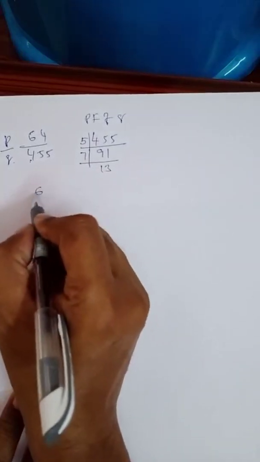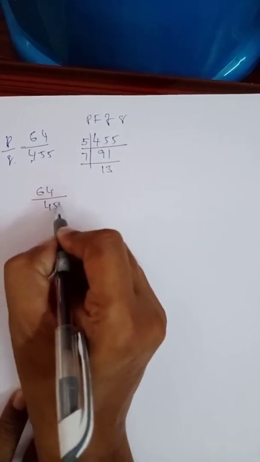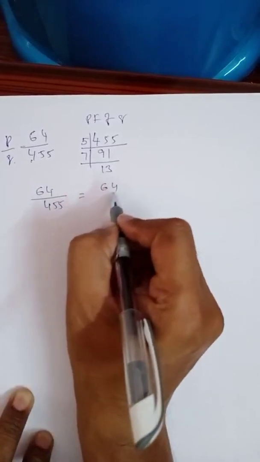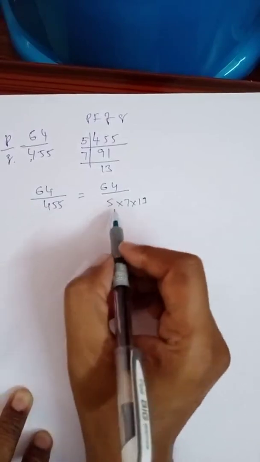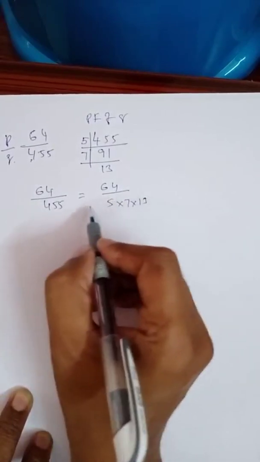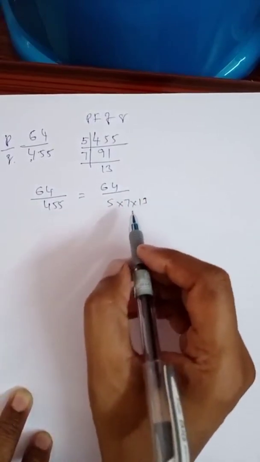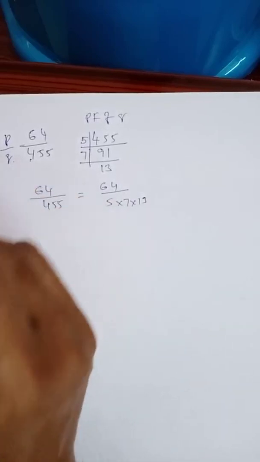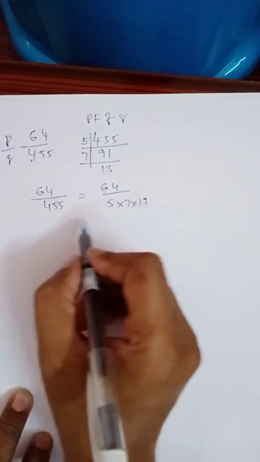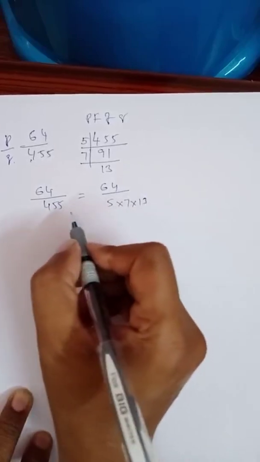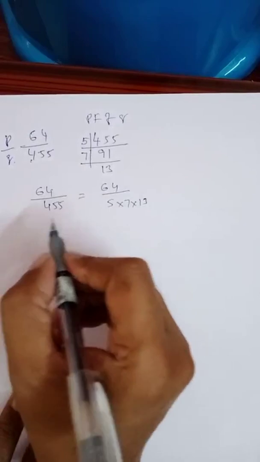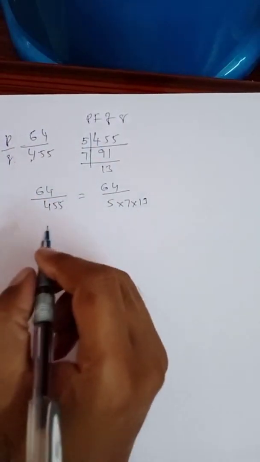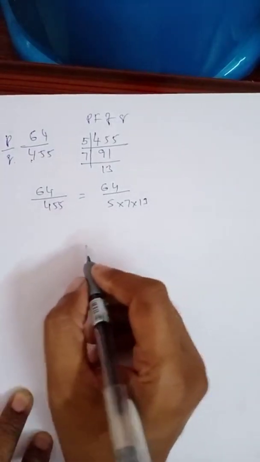So 64 by 455 is 64 by 5 into 7 into 13, where 2 is missing in the prime factorization of the denominator. Therefore, it cannot have a terminating decimal expansion. Therefore, this rational number will have a repeating type decimal expansion.